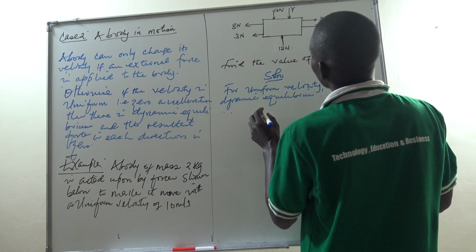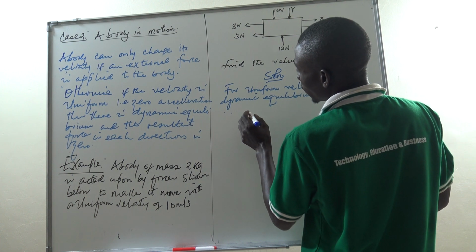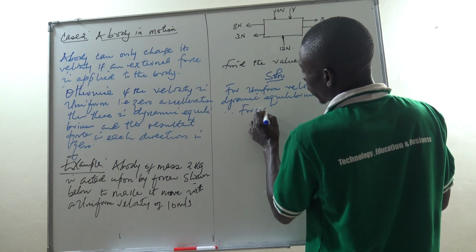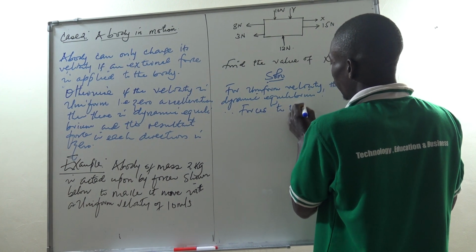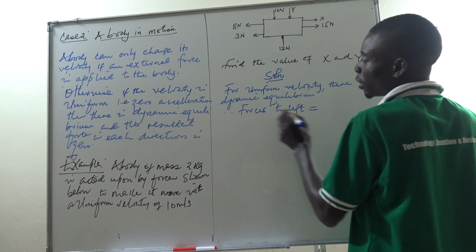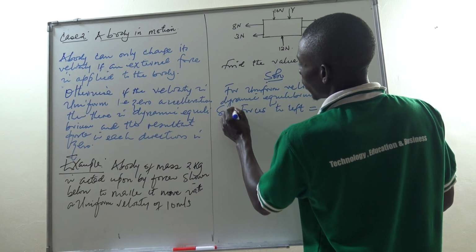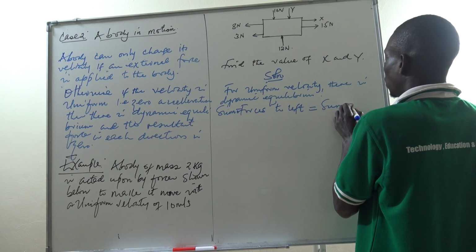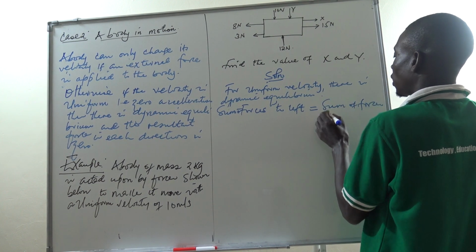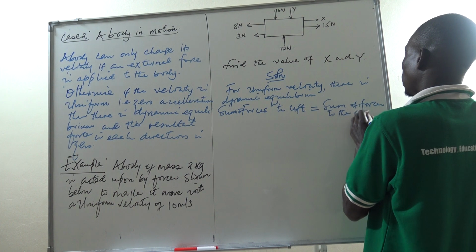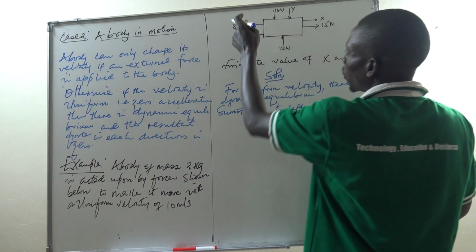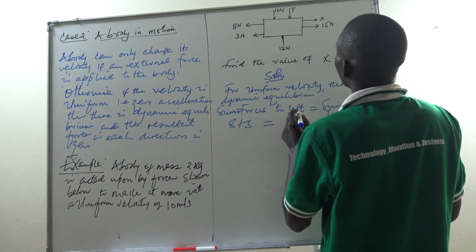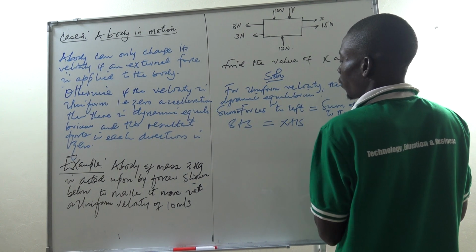Therefore, I can say the sum of forces to the left should be equal to the sum of forces to the right. To the left, which forces are we having? We are having 8 plus 3 should be equal to x plus 15.